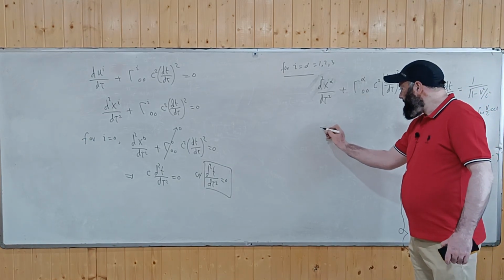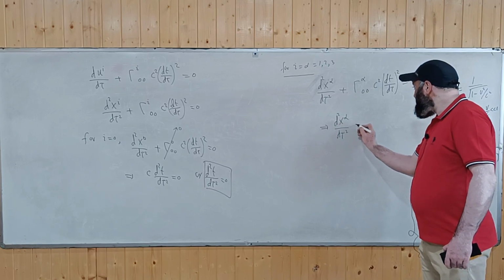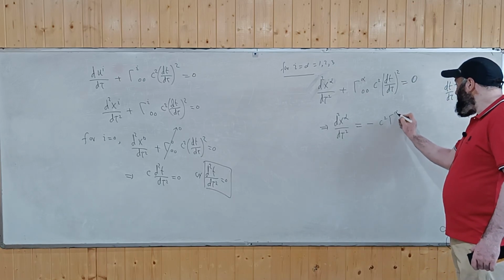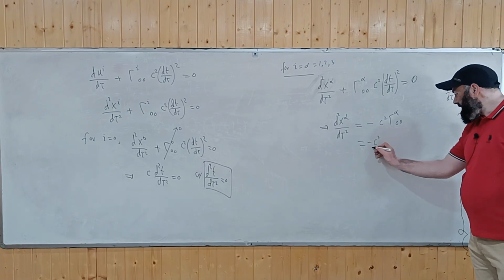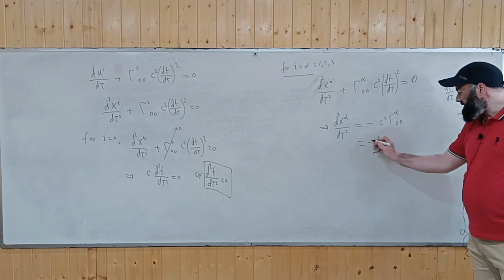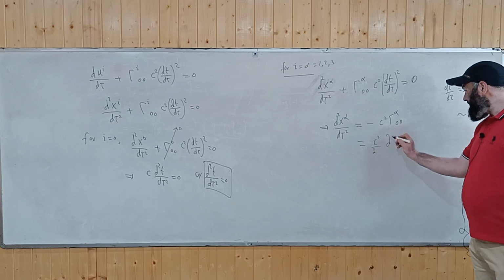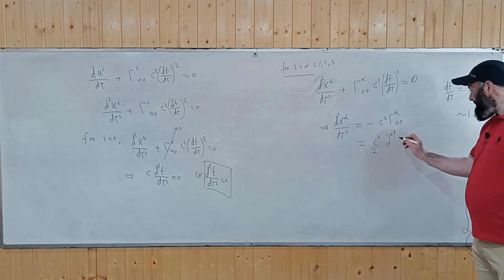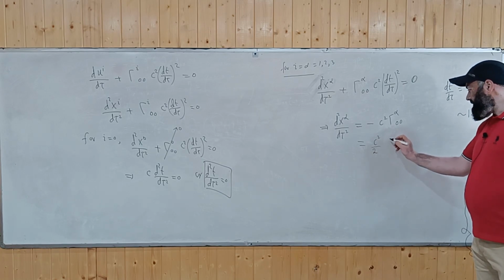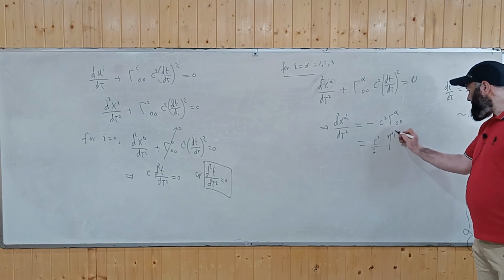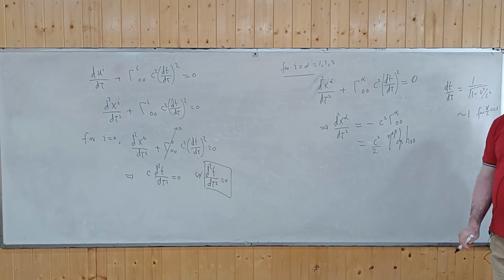What are we having therefore? Which implies d²x^α/dτ², the alpha component, is equal to minus c² Γ^α_00. What is this Γ^α_00? Minus c² times it. Now tell me, that is half, and there is a minus, so it will make it plus. So what you are having there is ∂_α h_00.